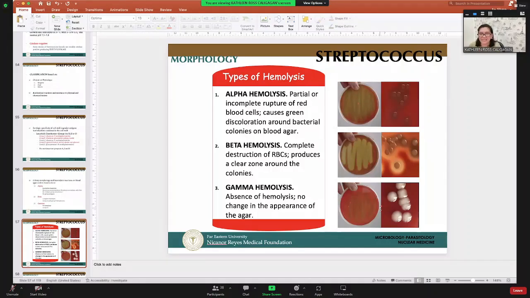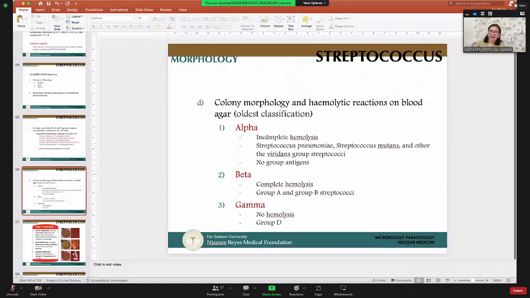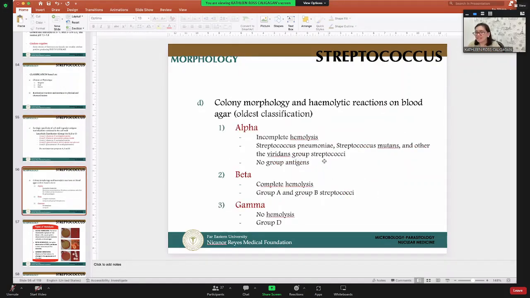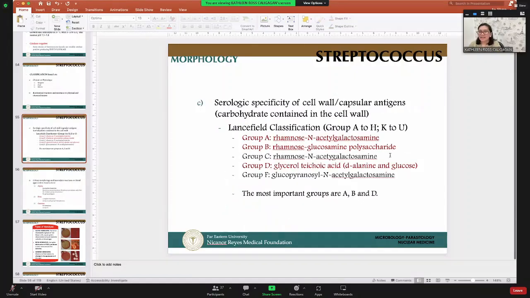Alpha hemolytic streptococci do not have a group antigen in this classification. They have no group antigen. This includes the species Streptococcus pneumoniae and Streptococcus mutans, and the viridans streptococci. Beta hemolytic are those belonging to group A and group B of the Lancefield classification.